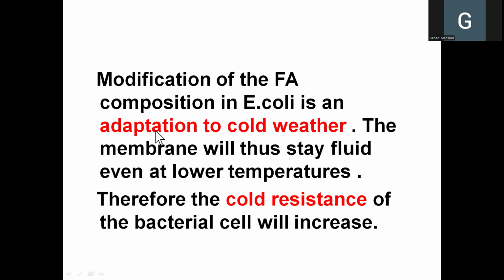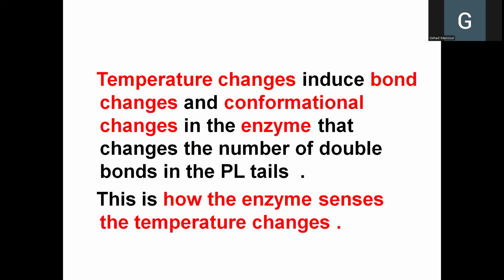And this is a kind of adaptation to changes in the environmental temperature, and in particular in cold weather, because if this adaptation does not occur in cold weather, the cell membrane and the cell wall, the cell membrane in particular, would be frozen. So this provides the E. coli bacteria with more resistance to cold.